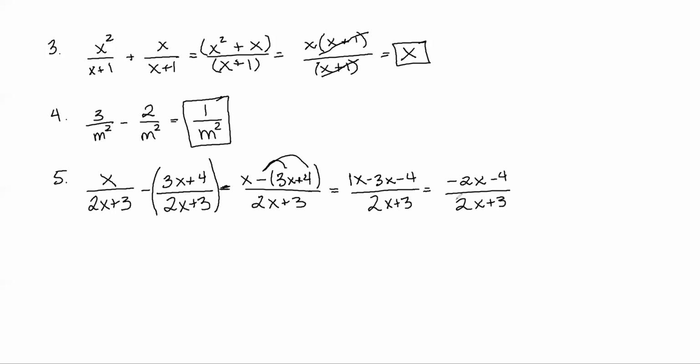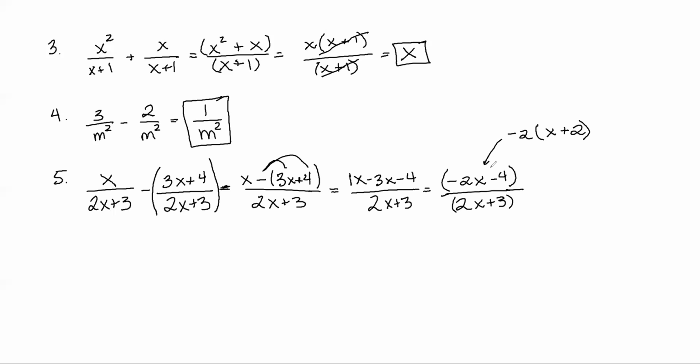And again, remember 2x plus 3 is stuck together, negative 2x minus 4 is stuck together. And even though we could factor the top, so I could take a 2 or a negative 2 out of here, we would be left with x. Negative 4 divided by negative 2 is positive 2.